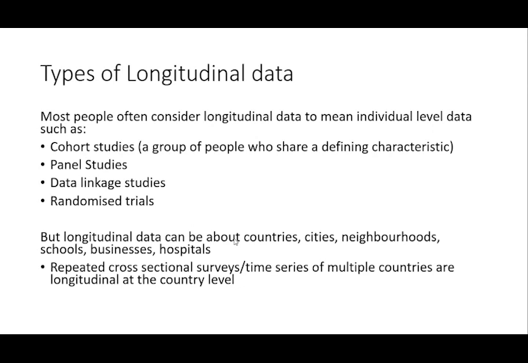There are data linkage studies, where you might link lots of different types of data. So data on health, data on maybe hospital admissions. You could link that to people's education data, which is measured at different time points. And I also added experimental data.